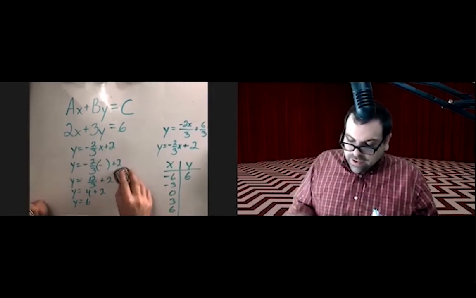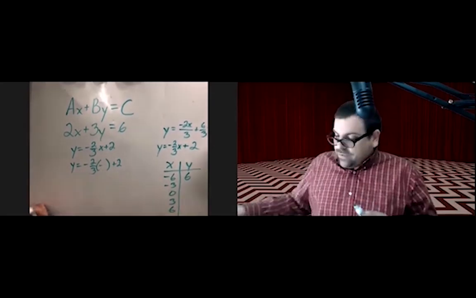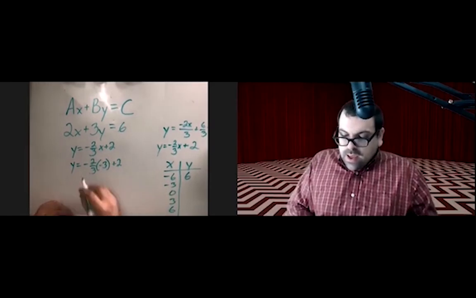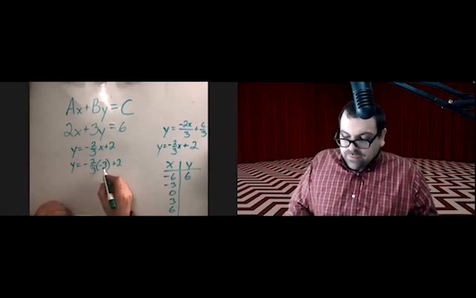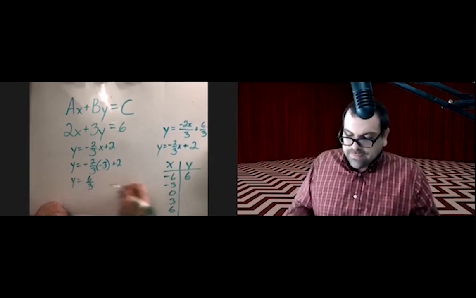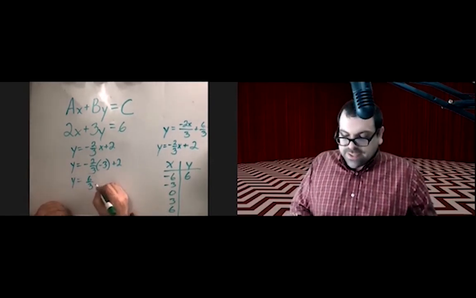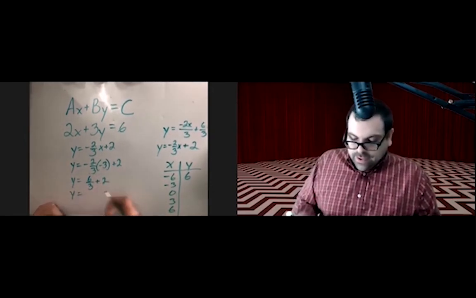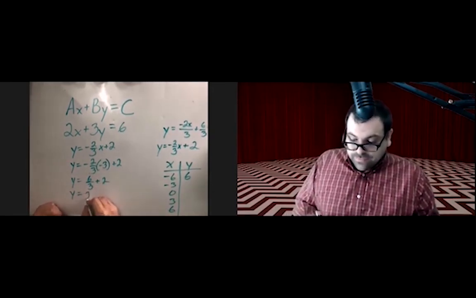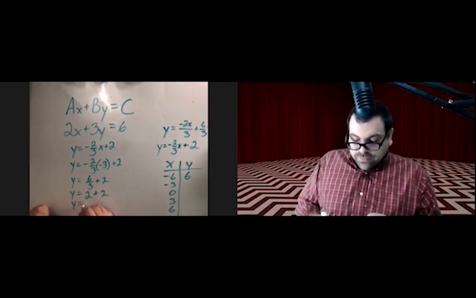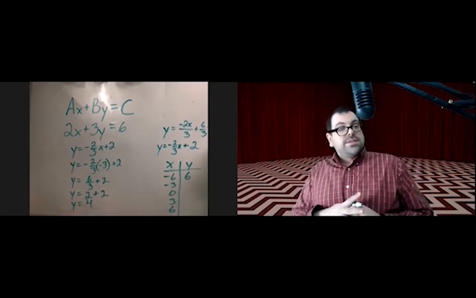What about when we plug in -3? -2 times -3 would be +6. +6 divided by 3 is +2. 2 plus 2 gives us 4.